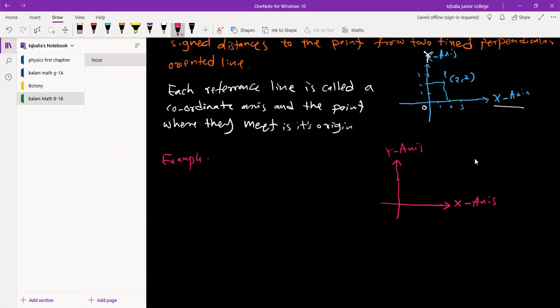Suppose I have a point here, at 1, 2, 3, 4 and 1, 2. अब मुझे यहाँ पे बताओ इसका कोऑर्डिनेट, ये पॉइंट का कोऑर्डिनेट क्या है? जल्दी से बताओ, इसका कोऑर्डिनेट क्या है?